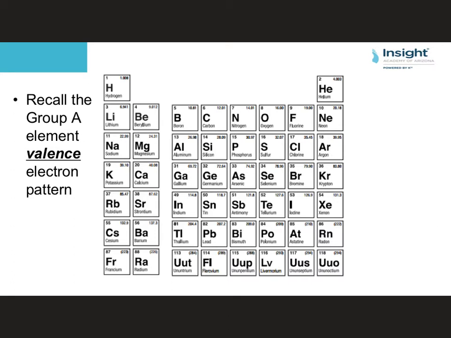Again, 1A, 1 valence electron; 2A, 3A, 4A, 5A, 6A, 7A, 8A. The A number equals the number of valence electrons.